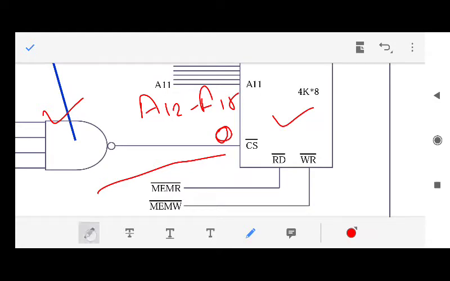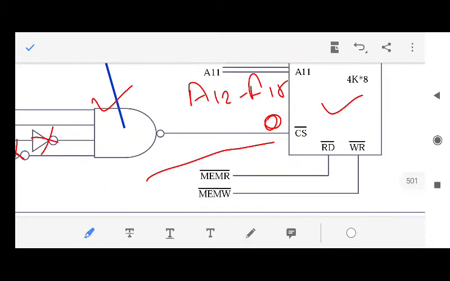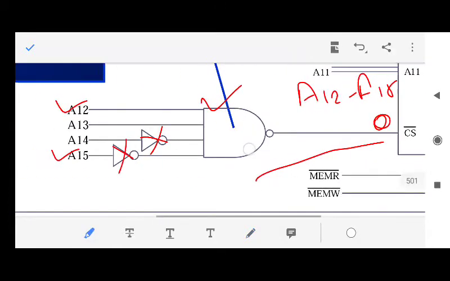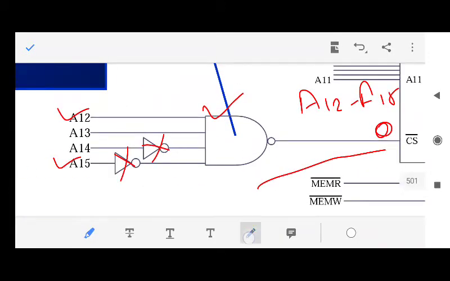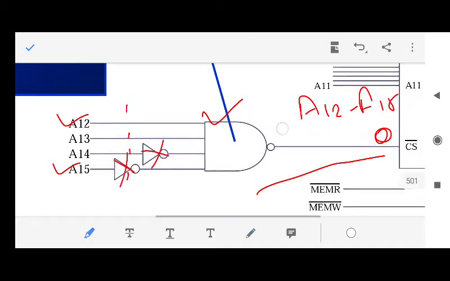And why have we used a NAND gate? Because a NAND gate produces a 0 signal only when all the inputs are 1. Only in this case will the 0 be produced.